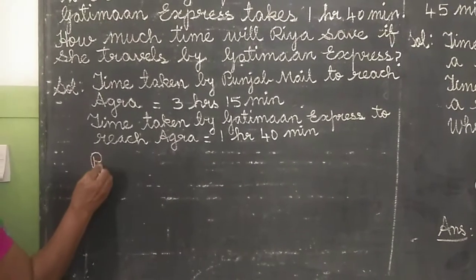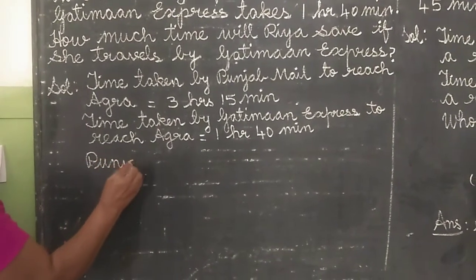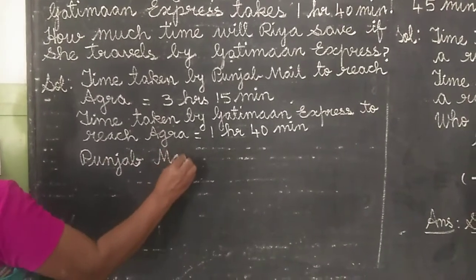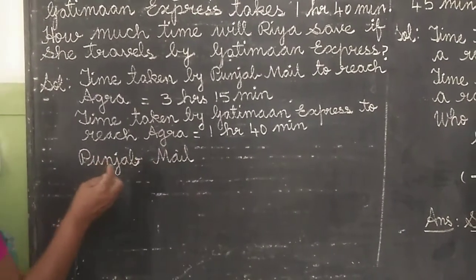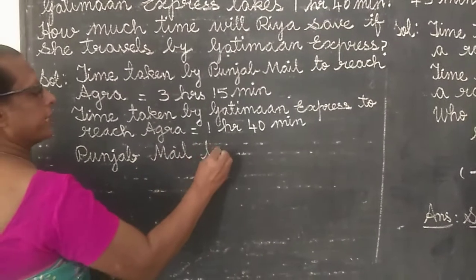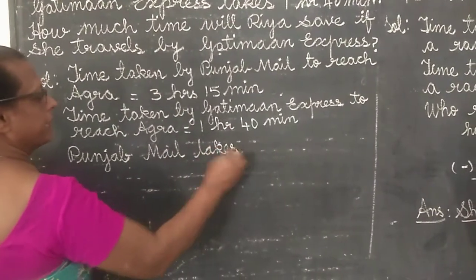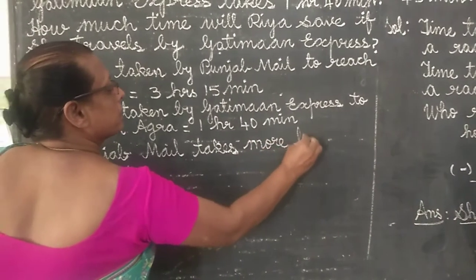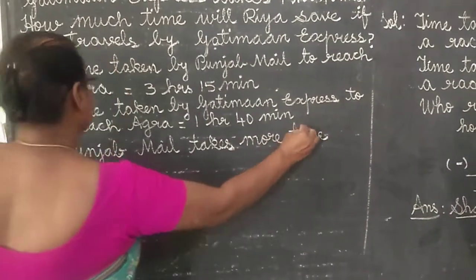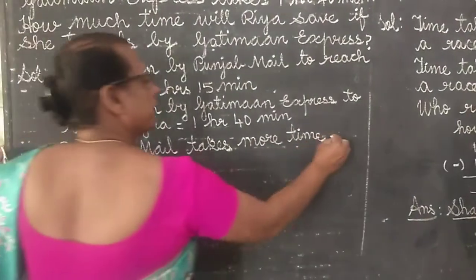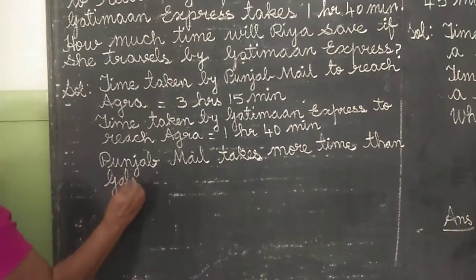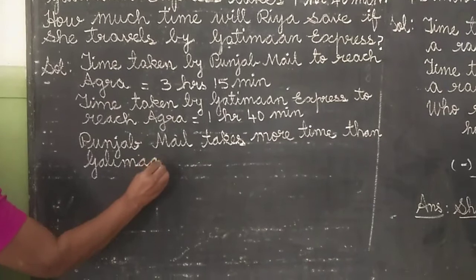So which train takes more time, children? Punjab Mail takes more time than Gatiman Express.